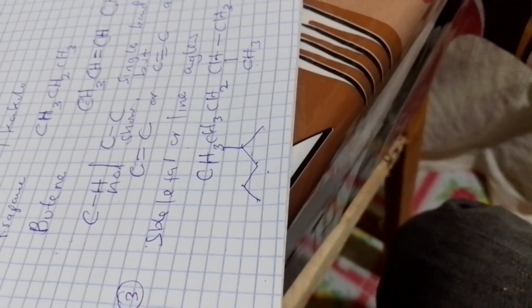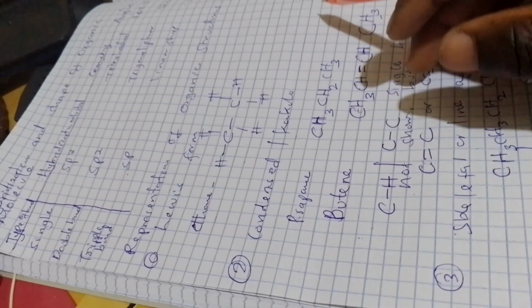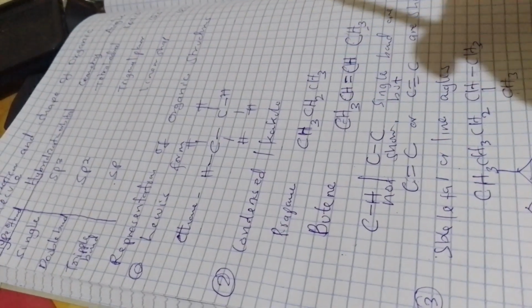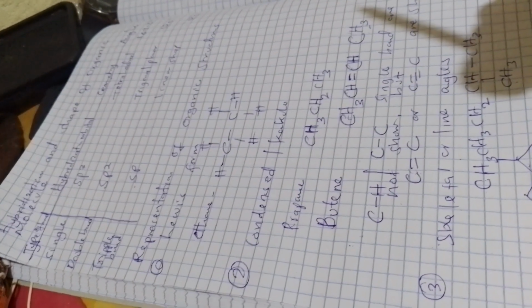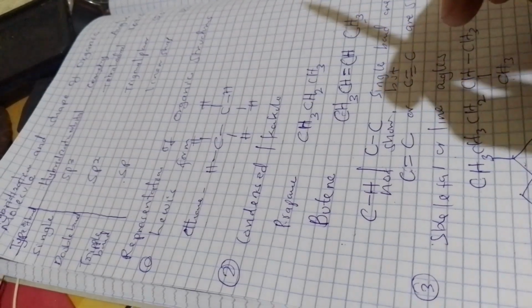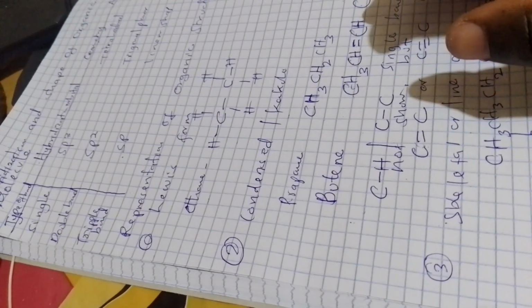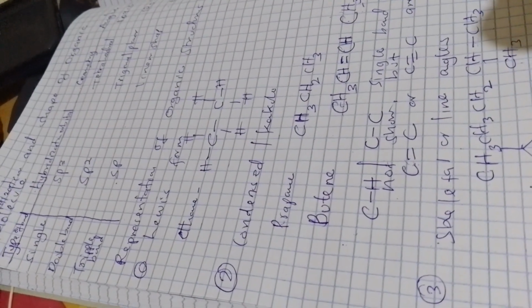So from there, we have discussed what we were to discuss on hybridization and shape of organic molecules, representation of organic structures, and basically the types of covalent bond, that is the sigma bond and the pi bond.